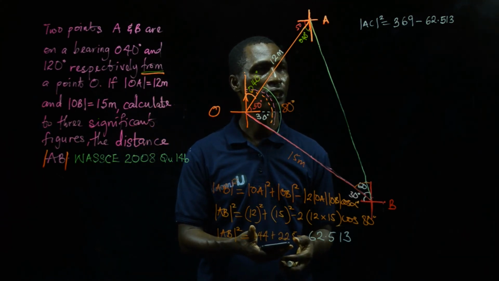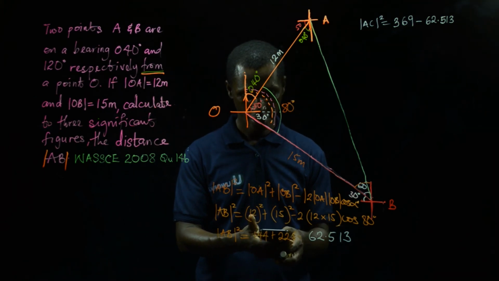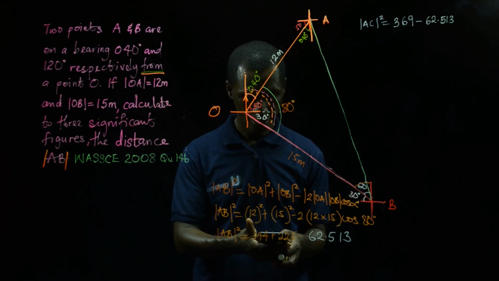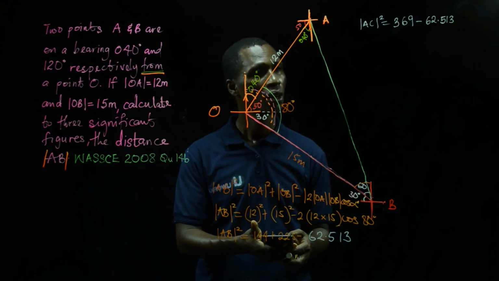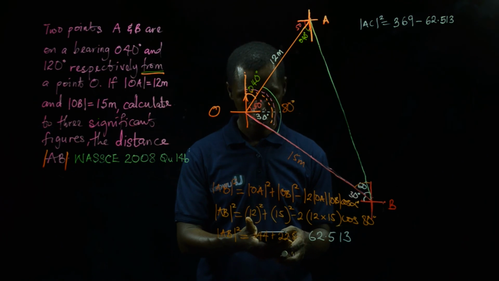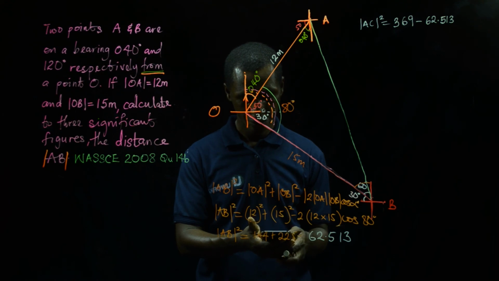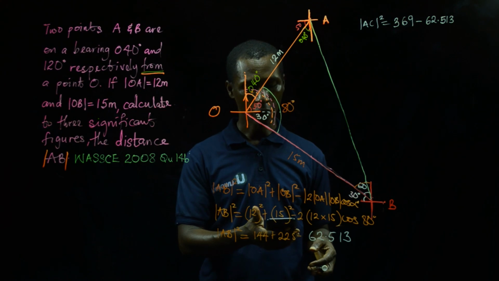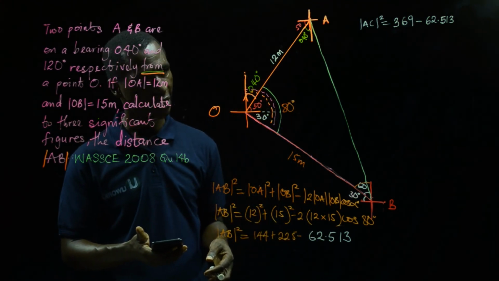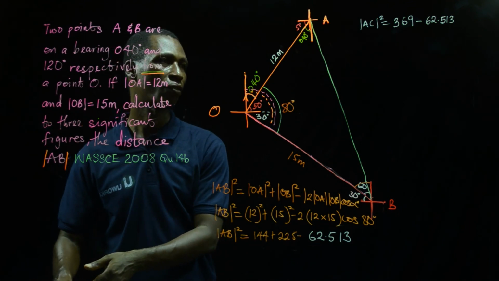You will now point 3, 6, 9 minus 62.513, and you are going to get 306.487.